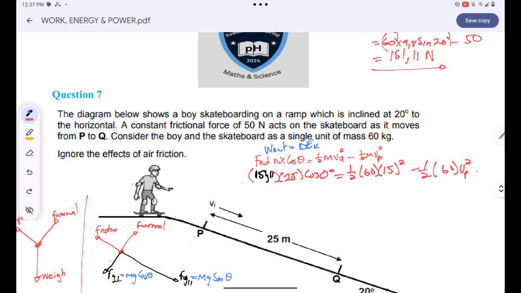So 151.11 multiplied by 25 cos of 0 will give me 3777.25. And then on the other side, I'll have 1 over 2 multiplied by 60 multiplied by 15 squared.